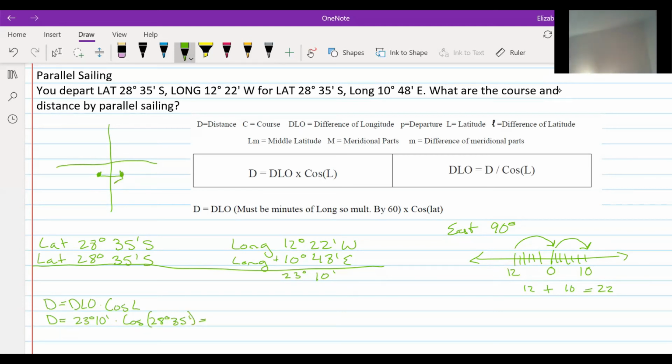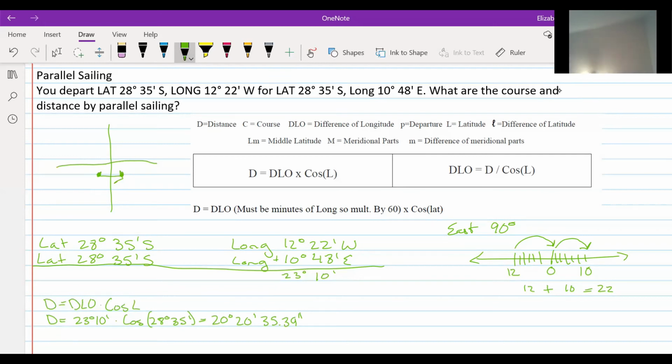So we'll multiply our difference between longitudes, 23 degrees, 10 minutes, times cosine, parentheses, 28 degrees, 35 minutes, seconds, and that equals 20 degrees, 20 minutes, 35.39 seconds.